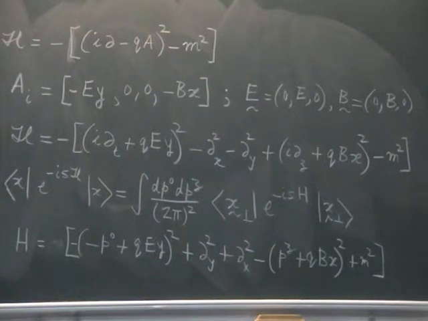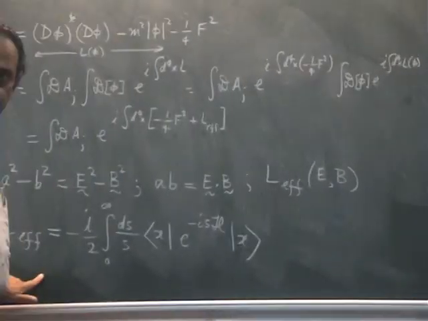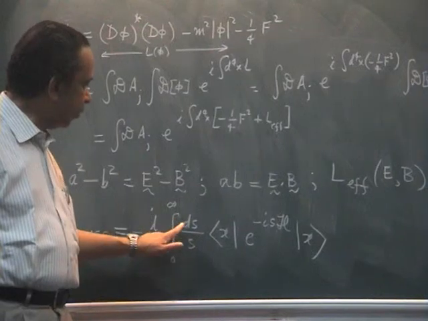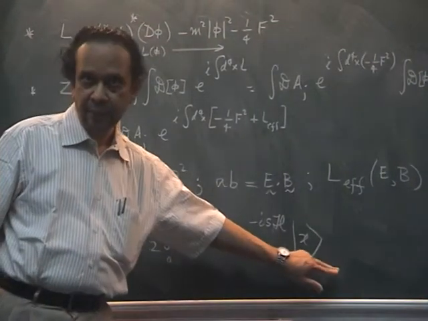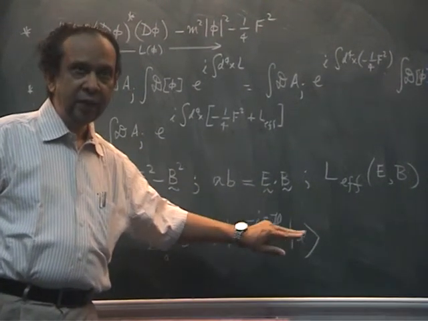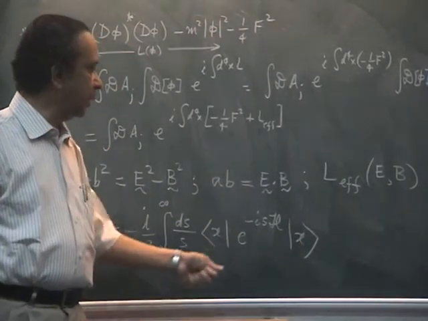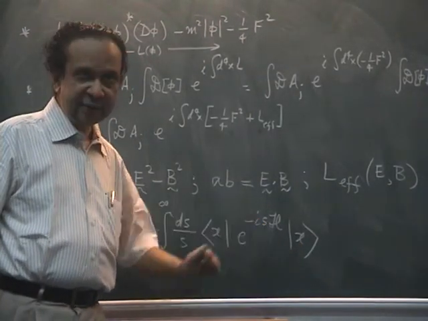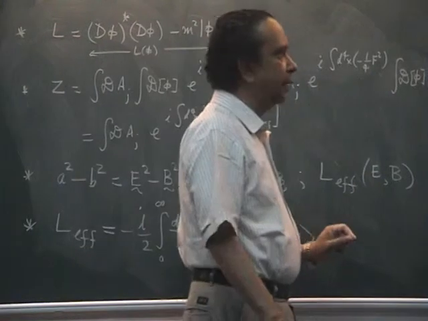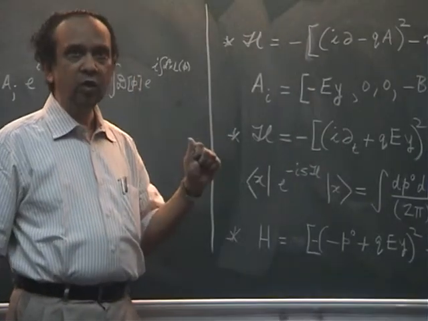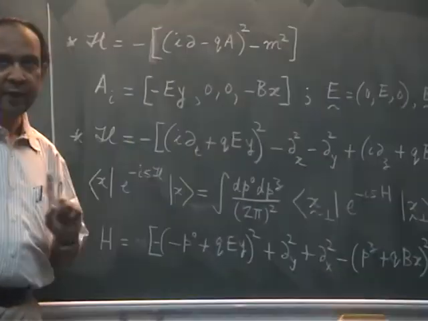Let me just describe this and then we can take up the computation tomorrow. What it tells you is that ultimately what I want to compute here, this L effective, is going to be an integral over ds over s of some object here, and that quantity in turn is evaluated by substituting for this H, wherever there is an ignorable coordinate, the derivatives by the momentum.